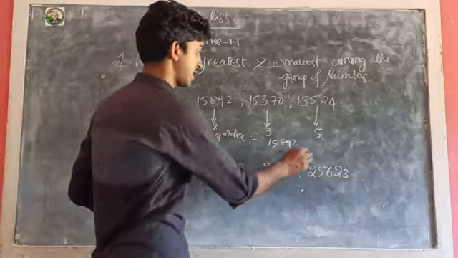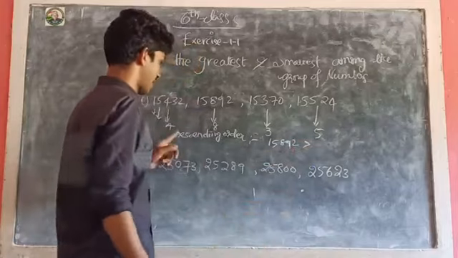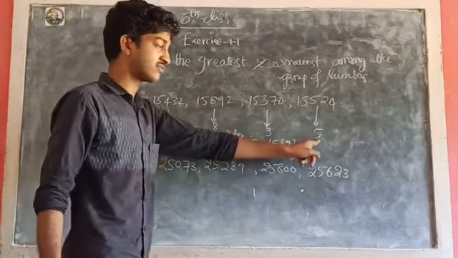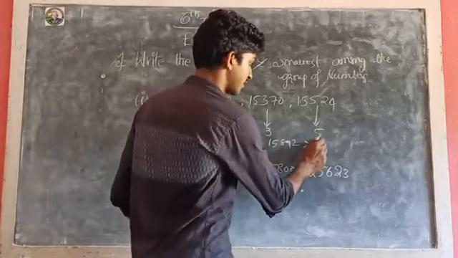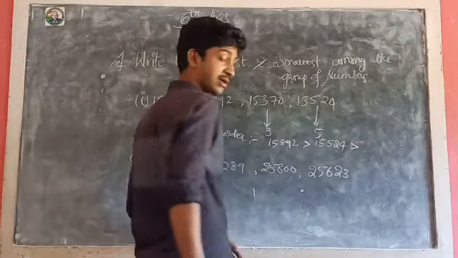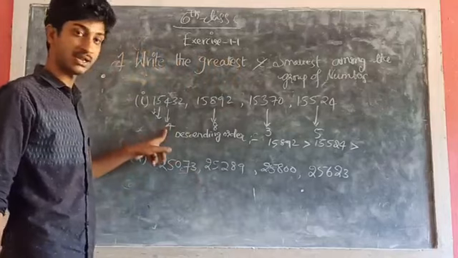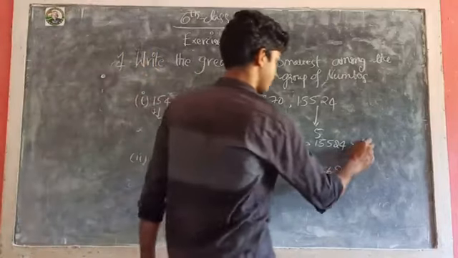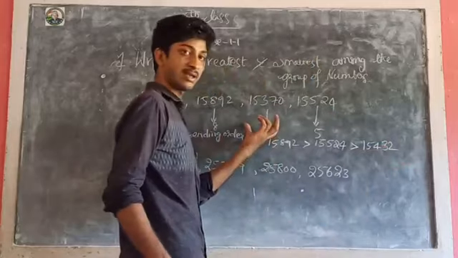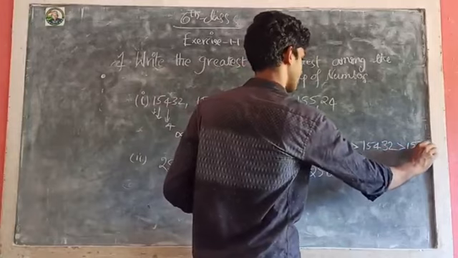I am writing the greatest number first, and now the greater-than symbol. The next greater number after 8 is 5, so 15,524, then 4 is the next greater number, so 15,432, and the remaining number is 15,370.